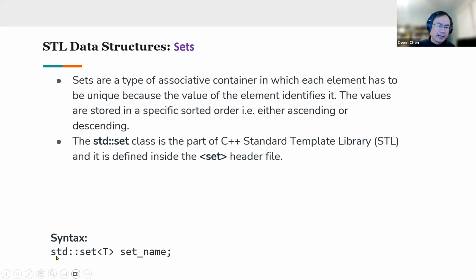In terms of the syntax, that's std::set, and then this angle bracket. The T is the data type, whether it's integer, character, float, double, string, whatever.